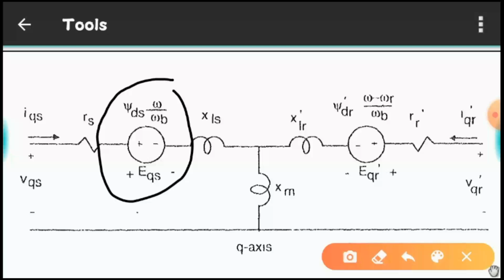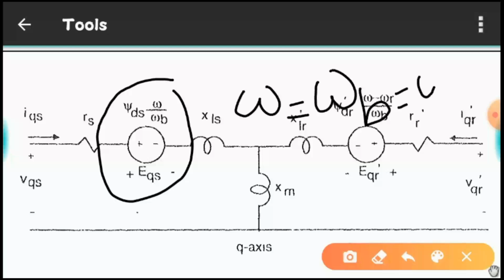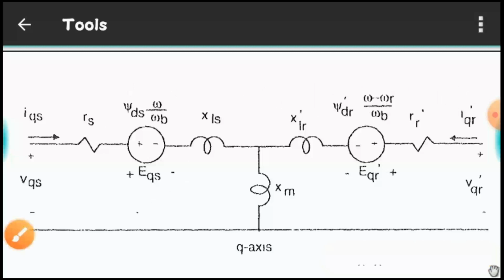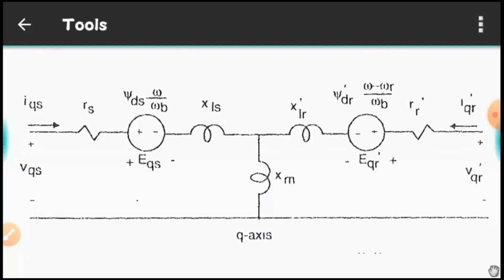Basically you can say that this is just a scaling of your induced EMF. If you make omega equal to omega_b, that means if you allow your speed, it will become omega_e, and that will give you the whole psi_ds here.